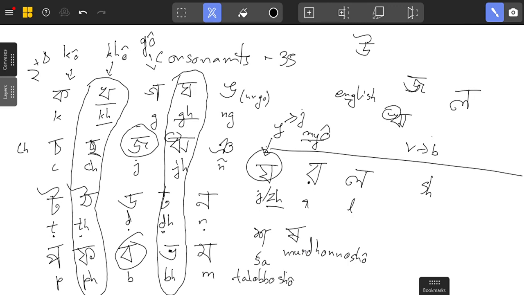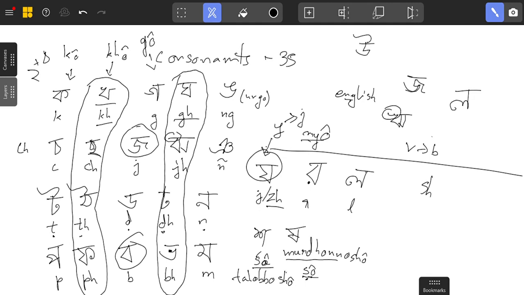Murthanna denotes a part of the mouth, I think the palate. So you're supposed to curl your tongue upwards while pronouncing this shaw. And I'm going to denote it like this. Oops, I write all. So this is shaw. This is shaw. This is shaw. Try to hear the difference.